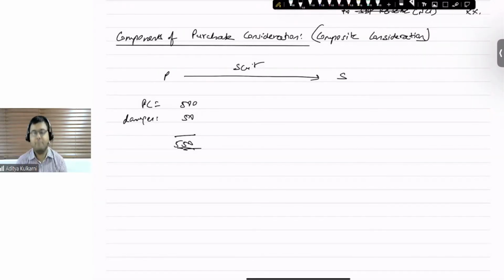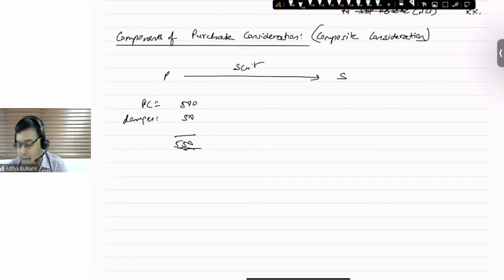But the shareholders of S are very particular about getting these damages, because the shareholders of S will also include certain NCI shareholders who want these damages, because unnecessarily the company's profitability is going down.